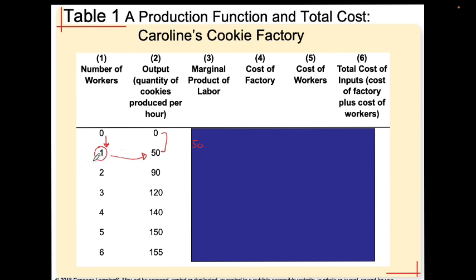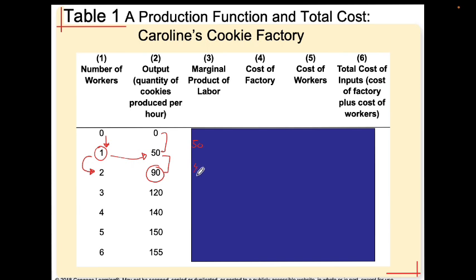Then you decided to add another marginal laborer into the production as an input, and you ended up having your output increase to 90. Notice that after adding a person, your output increased. But how much did it increase by? It increased from 50 to 90.